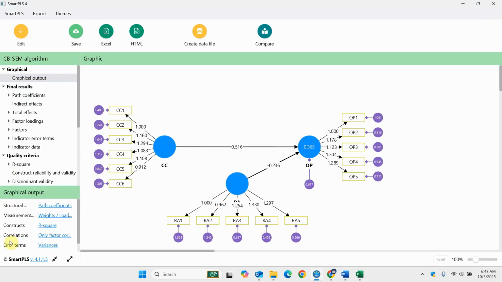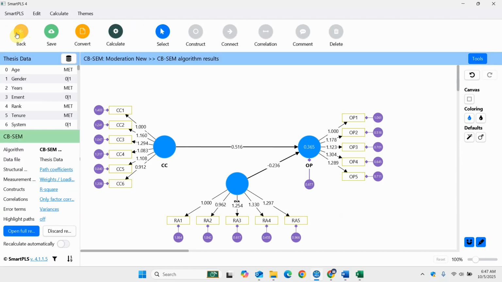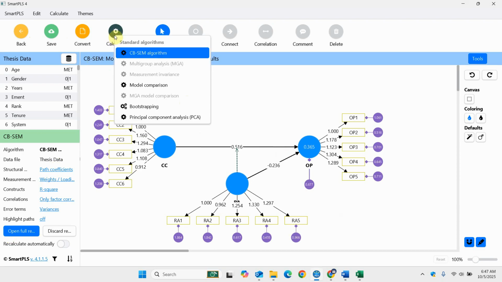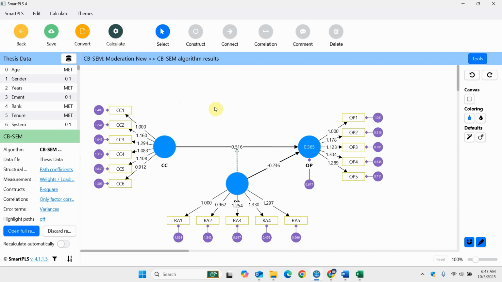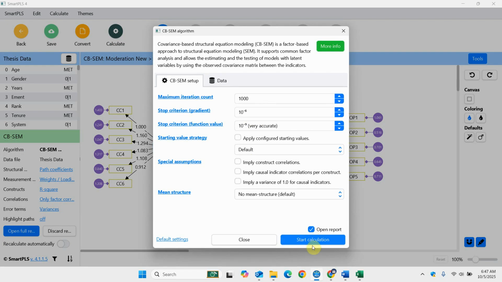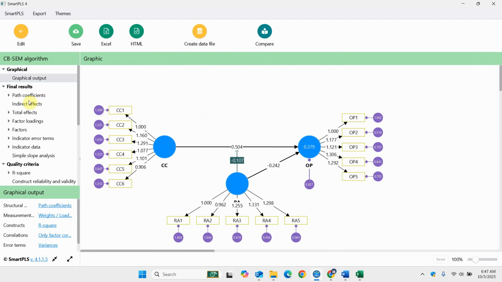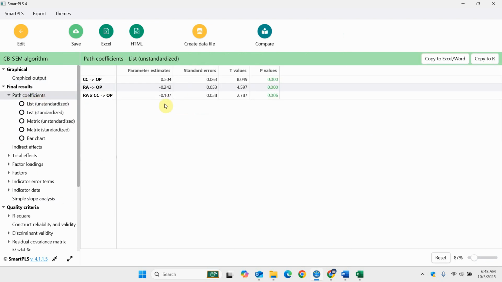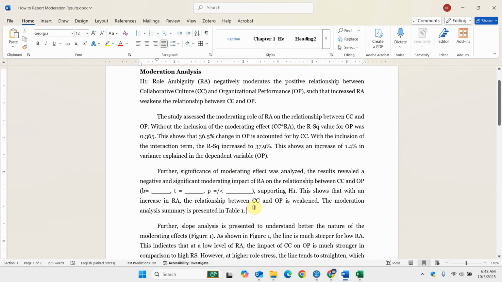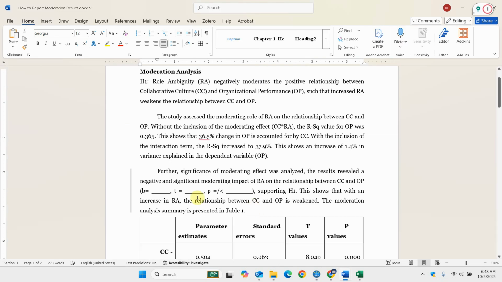Let's go back here. Control Z or undo, so you'll have them back. Now let's run the model again. Calculate, CB-SEM algorithm. Let's start. If you go to path coefficients, here are your results. You can copy this here and bring it here. Paste.